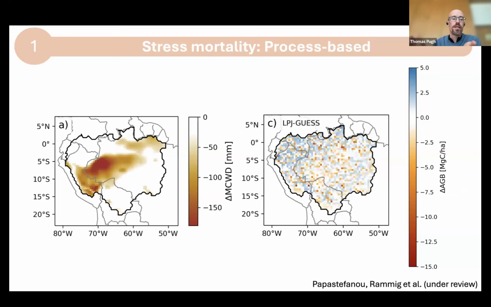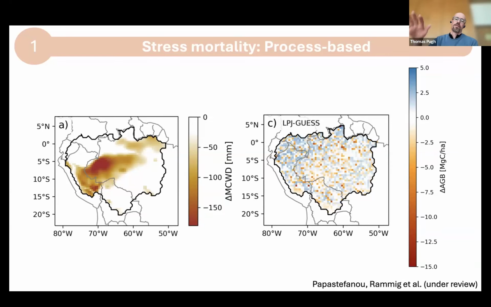And what you see on screen now, this is the 2005 Amazon drought. So on the left, that's the cumulative water deficit. So if it's more red, that means there was drier conditions in the period during drought, at least according to this climate data set. And on the right, you see our standard version of the LPJGS model without his developments.